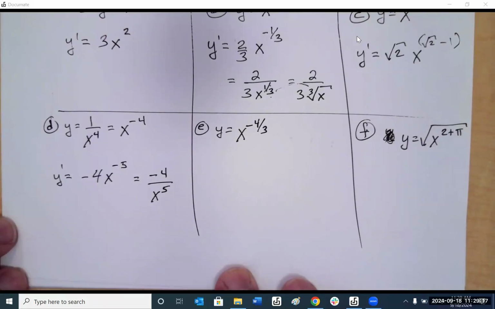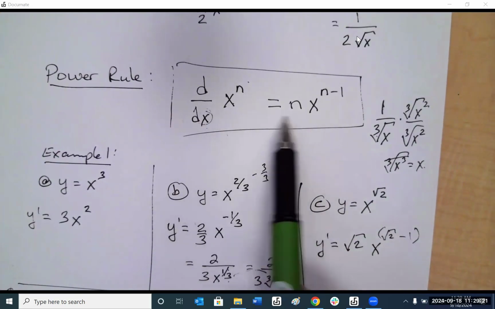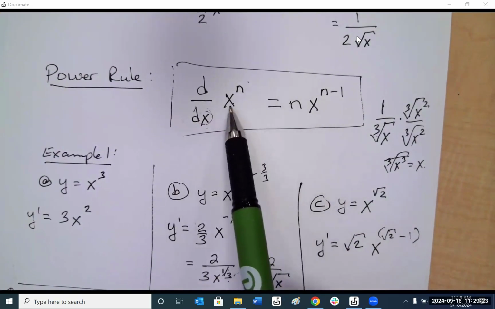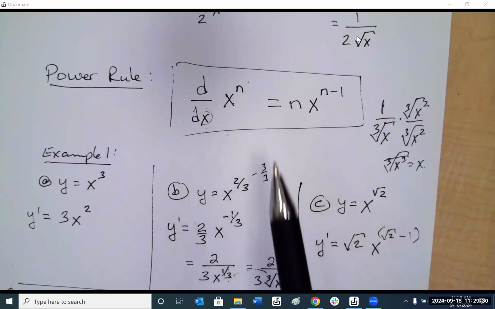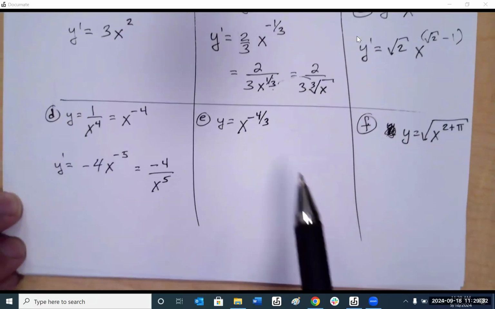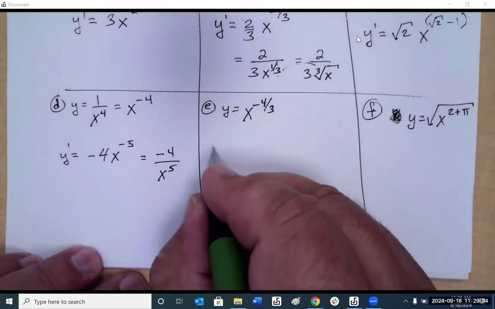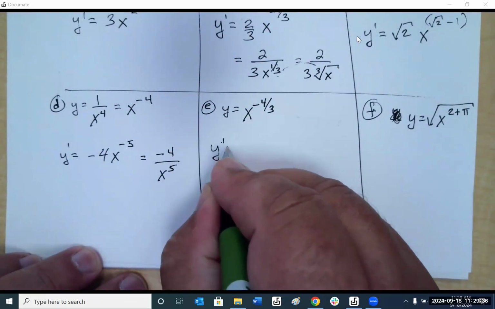We're doing shortcuts in derivatives. Here's the rule. This is called the power rule. Whatever the exponent you have on x, bring the exponent to the front and subtract 1 from the power. And that's what we're doing here. So what's this one going to be?